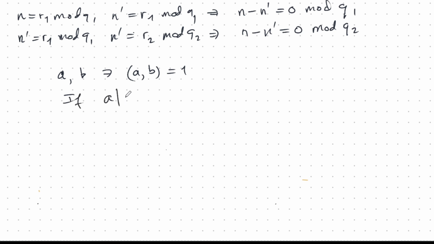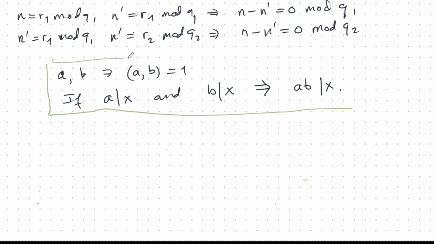If A divides X and B divides X, then it follows from this that A times B divides X. I think this pretty little number theory theorem was first proved by Euclid. I'm not sure about that, but I think so. So this is a very useful theorem, and we will apply it to what we proved up over here.